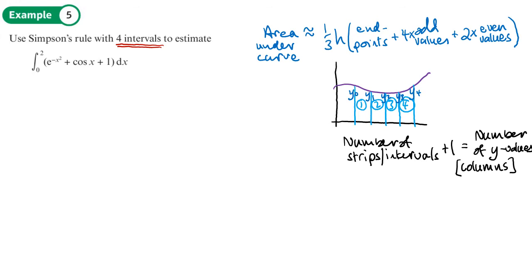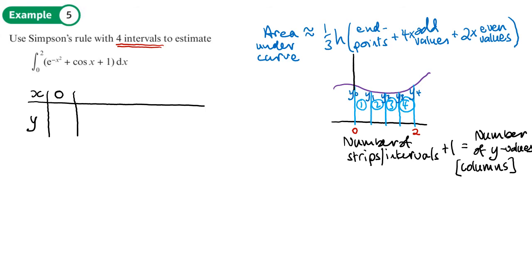So the first part of the table is going to be our x values. Because I'm doing numerical integration from 0 to 2, I will put 0 here for x. I'll work out all my y's in a moment. I need to know how much to go up by. I know this is not accurate, but this is meant to be 0 and 2 here. So let's just move my axis to there. So that will be y, this will be x. Still the same number of strips.